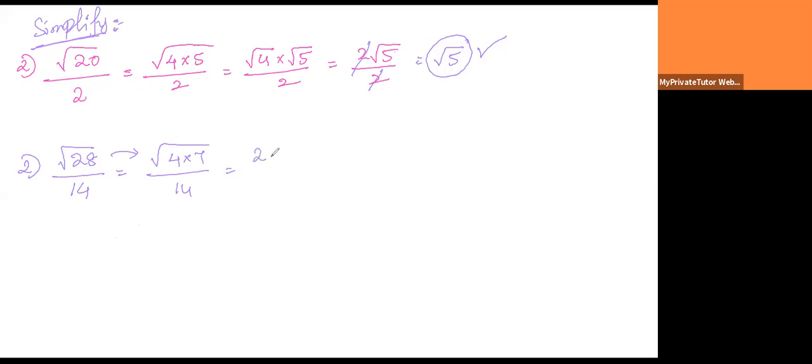Then square root of 4 becomes 2. So 2 root 7 divided by 14. Then simplify, 2 sevens are 14. So the final answer is square root 7 divided by 7. That's it. So this is how we need to simplify.